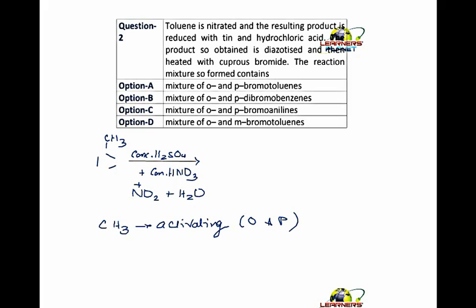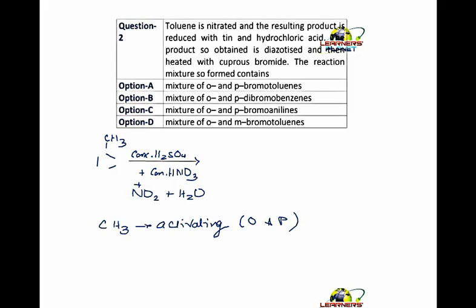Now, why it is an activating group or why it has plus I effect? It releases electrons, that is due to hyperconjugation. You must have studied that. Now, you have got N plus O2 or the nitronium ion, and as it is an ortho-para directing group, so what are the products which will be formed?